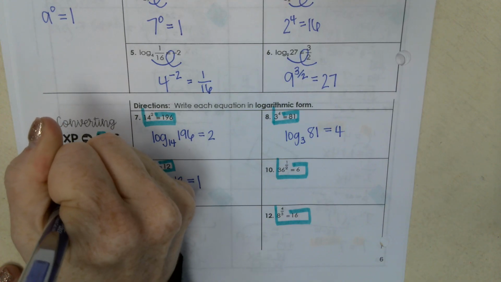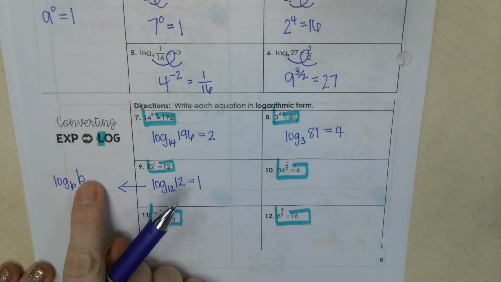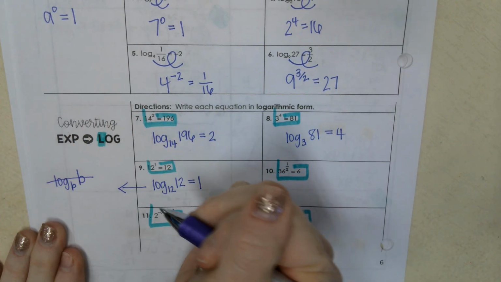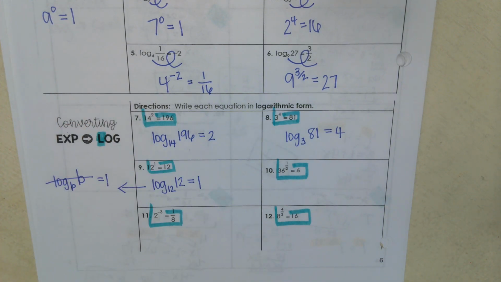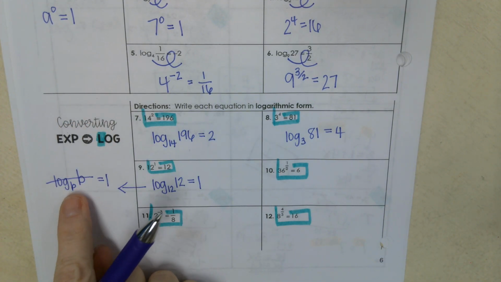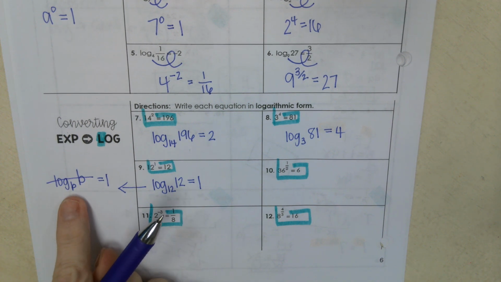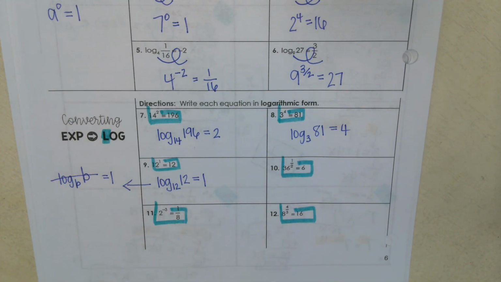Anytime you are taking the log with a base, and the base itself is that big number right there, they cancel each other out, and they equal 1. So log base b of b is equal to 1. Anytime these two numbers are the same, it's kind of like they're undoing each other.